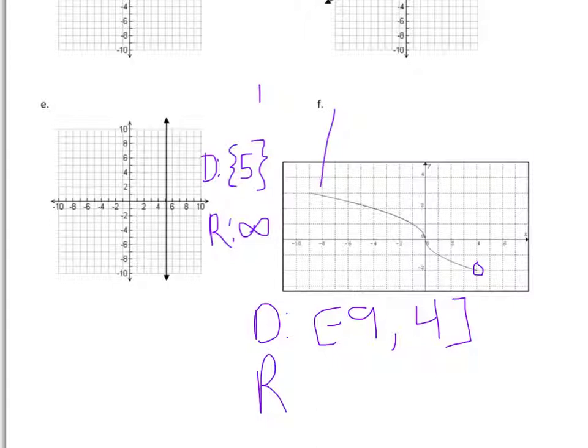In range, it's going as low as -2 and as high as 3. So if that bubble really was there, then this bracket that I'm erasing now would change to a parenthesis. That's how it would differ, because parenthesis means that you don't actually touch that number.